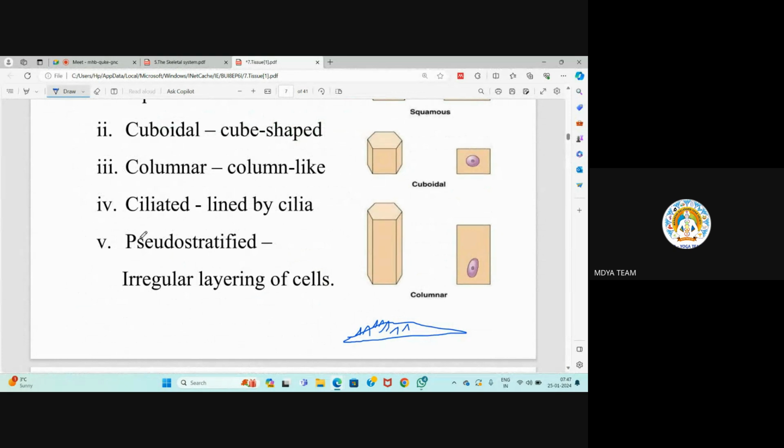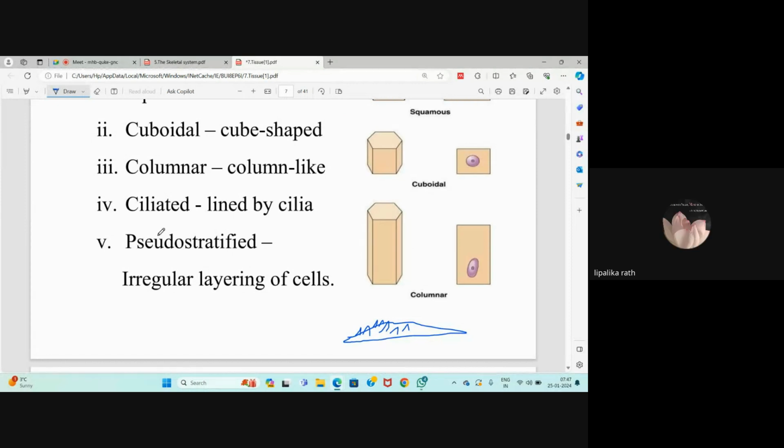Okay. Next is pseudostratified. Now, pseudo means false. And stratified means what we have learned about stratified.